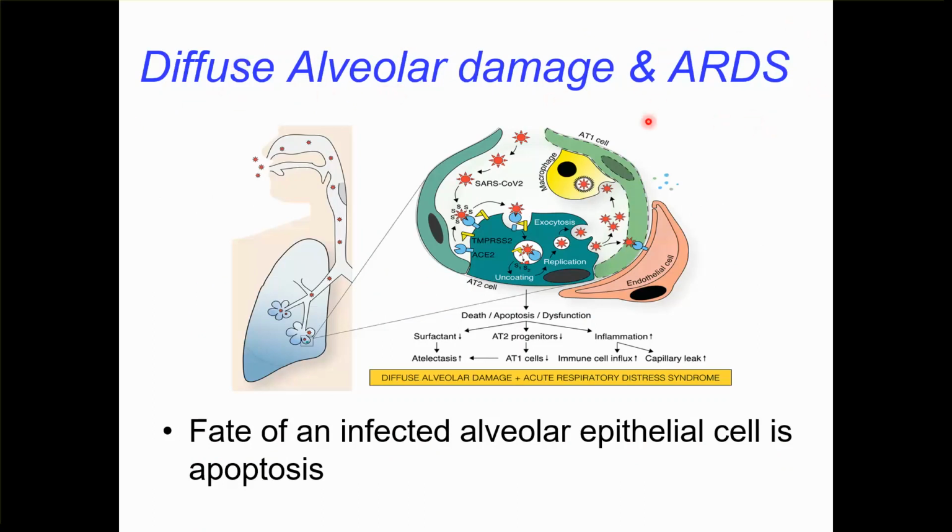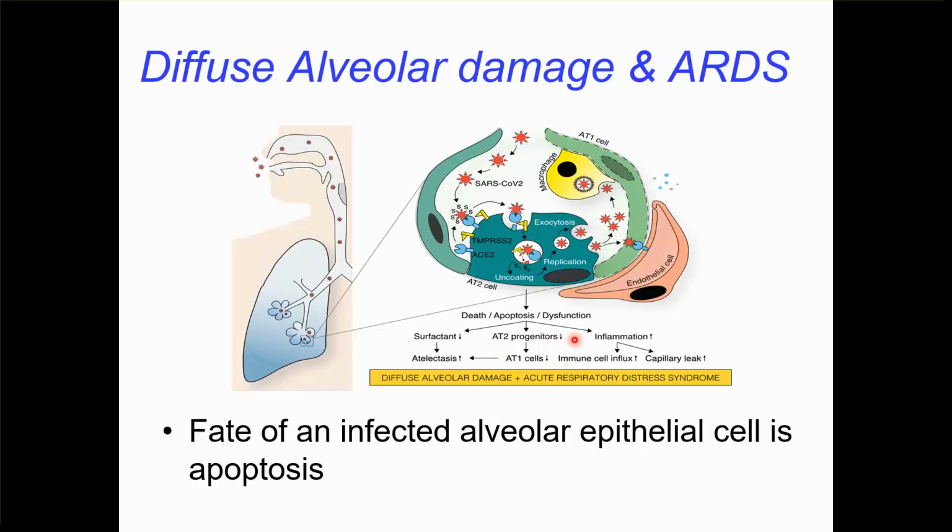The full form is acute respiratory distress syndrome. As you can see in this diagram, that there is the alveolar damage which has occurred here. There is death or apoptosis or dysfunction, which leads to decrease in surfactant and increase in atelectasis. Atelectasis is collapse of the alveoli.